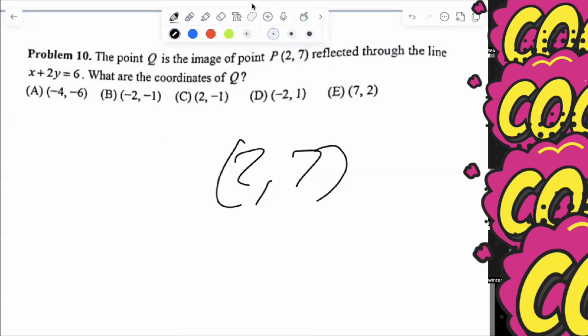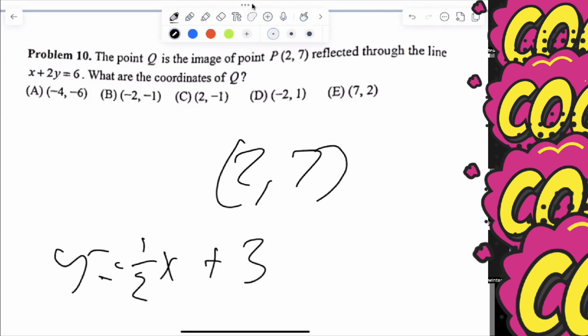Alright, so we know that the point is 2, 7. So if y equals 7, we know the line was negative 1/2 x plus 3.